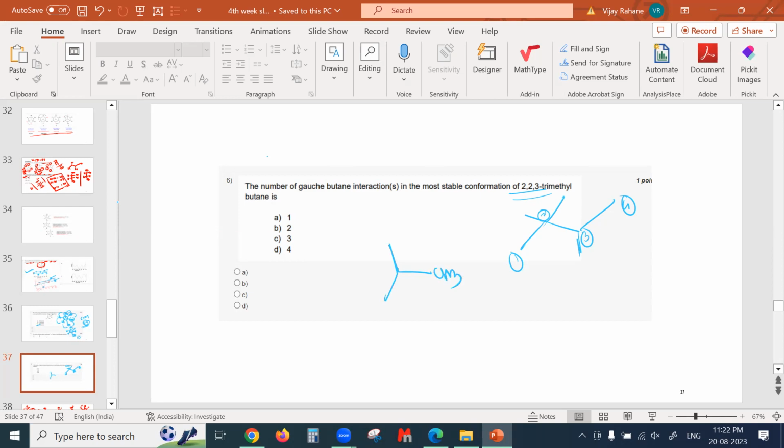The back carbon atom is C3, which has 2 methyls, one here and one here.